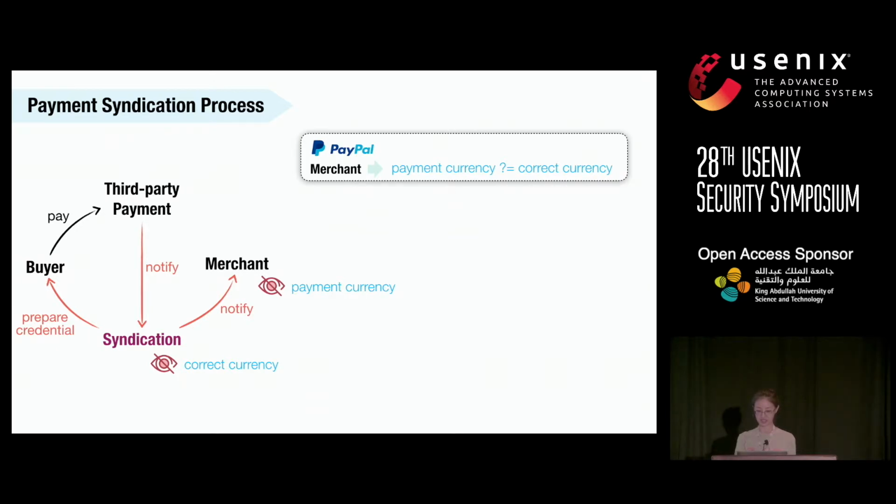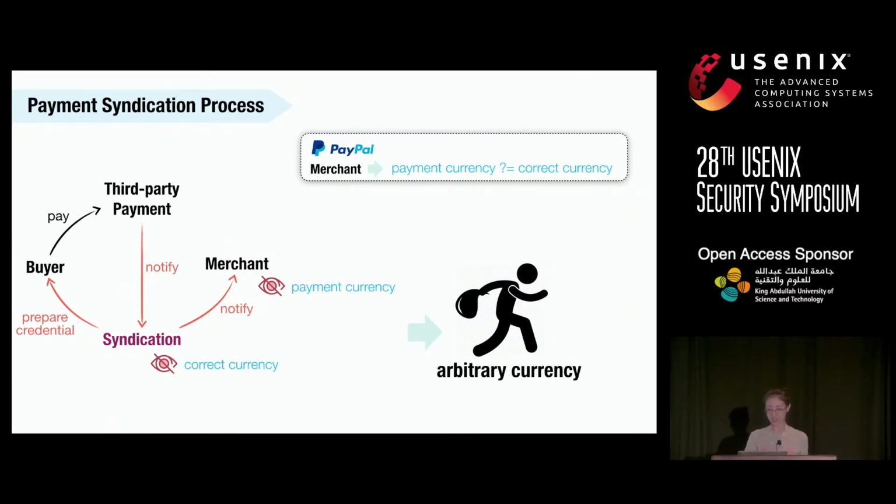And attackers can shop the product at an arbitrary lower valued currency, like just mentioned, using Chinese RMB instead of the US dollars. Here, all the information we just mentioned is already distributed in the payment syndication's guidance.